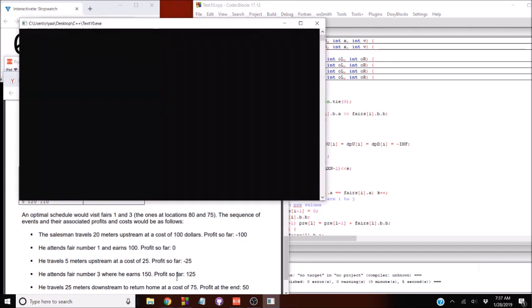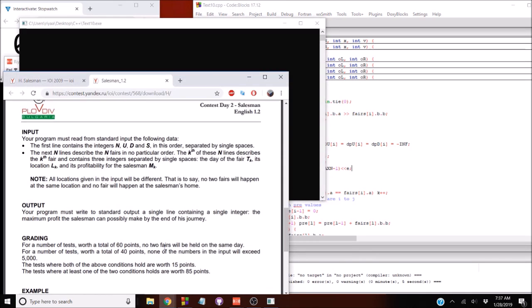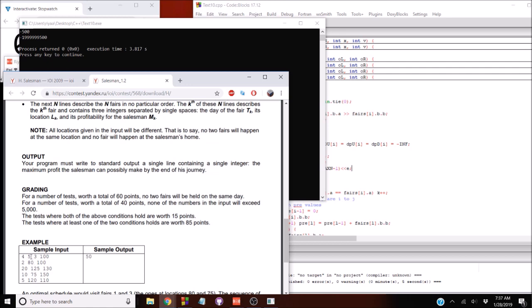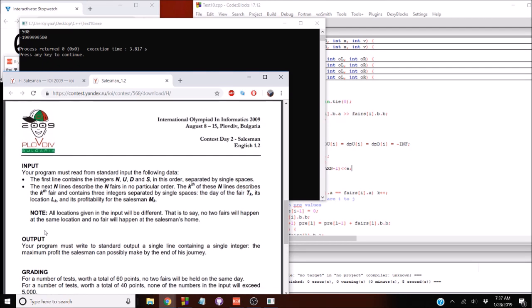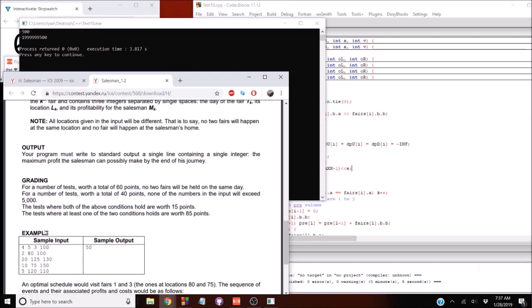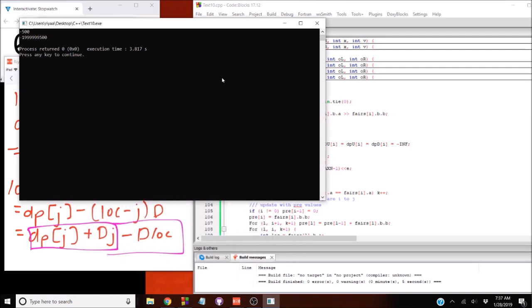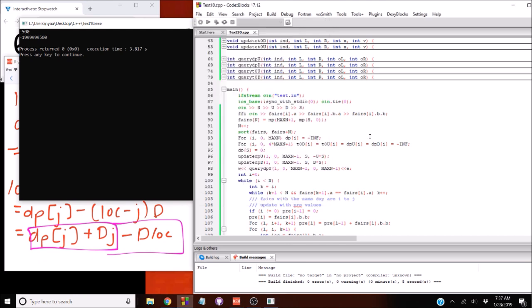It should be negative 5 times s is 100. Right? Okay, so negative 500 is correct. So the update function and the query function look like they're working fine. And they're all copy pasted, so that's good.